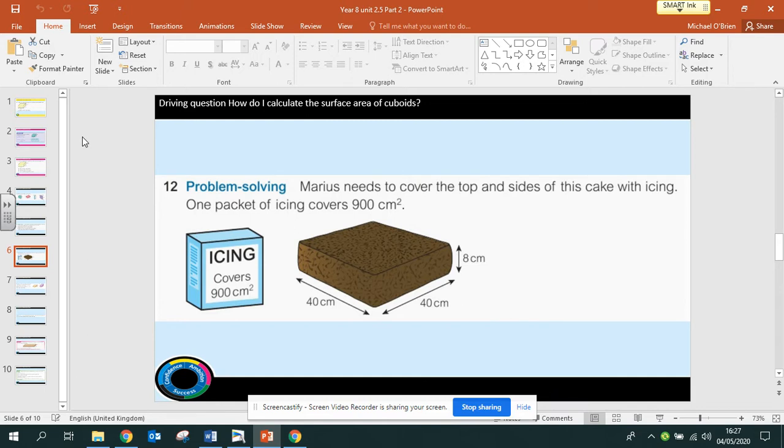Okay, here's another problem. Marius needs to cover the top and sides of this cake with icing. One packet of icing covers 900 square centimetres. How many packets of icing does he need?